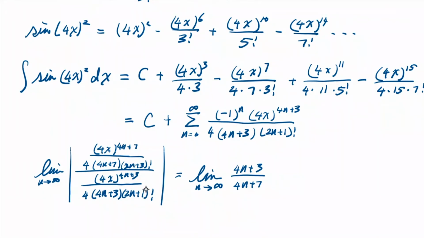Wait, I still have one of the factorials left over, so let's just put it as 2n plus 3. Good. Well, these factorials differ by 2, so I need one more term, 2n plus 2. Is that how you cancel those factorials?